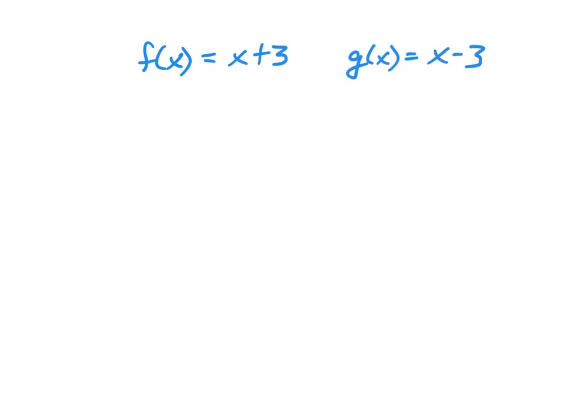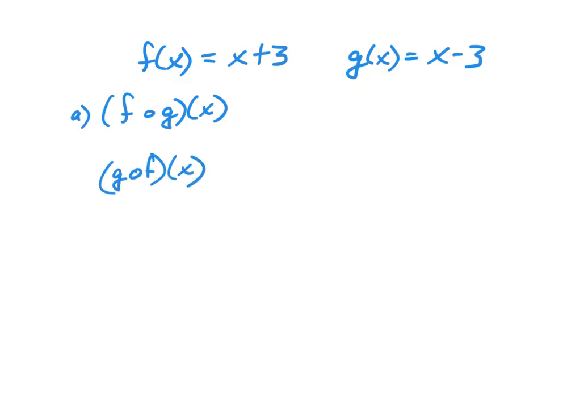Okay, so let's start with this one. We're going to do F follows G of X, and then we're going to do G follows F of X. So we're going to do it both ways. We'll talk about this one because this doesn't happen very often.